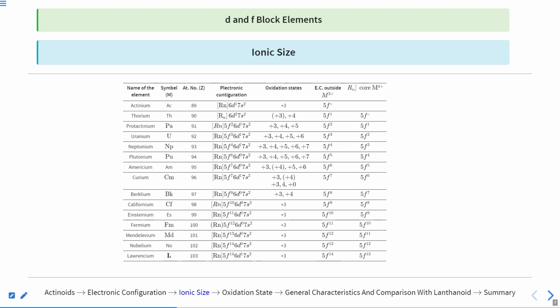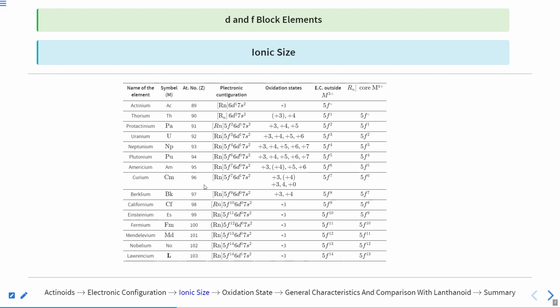This is the important part. If you see here, for actinium we have the general case, and for thorium we have the general case. But protactinium has an exception because it has 5f2 and 6d1 configuration, then 5f3 6d1, then 5f4 6d1. As we move to plutonium, it has 5f6 and 6d0. Moving on to americium, it is 5f7.